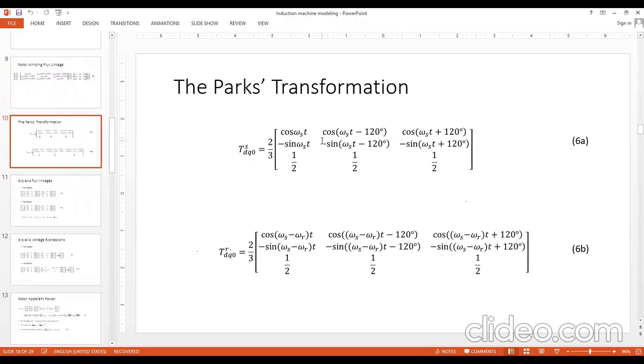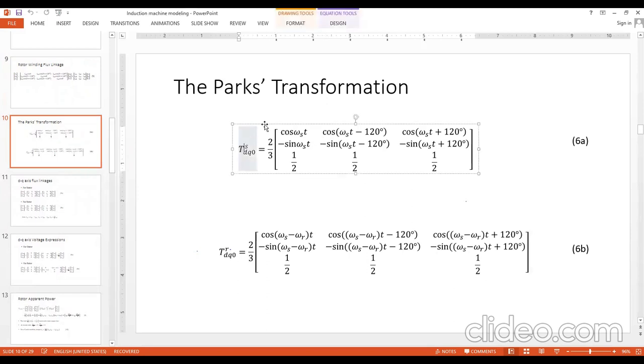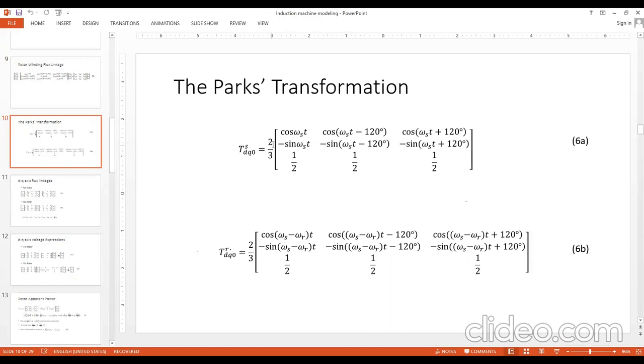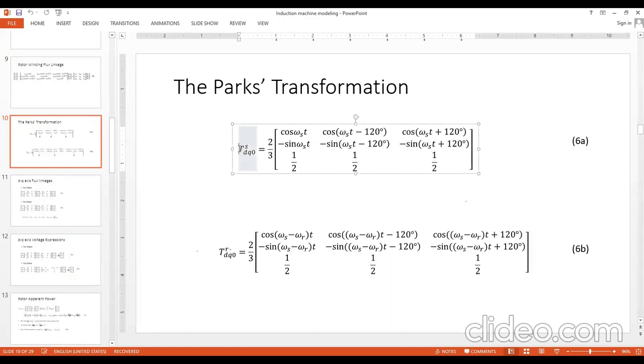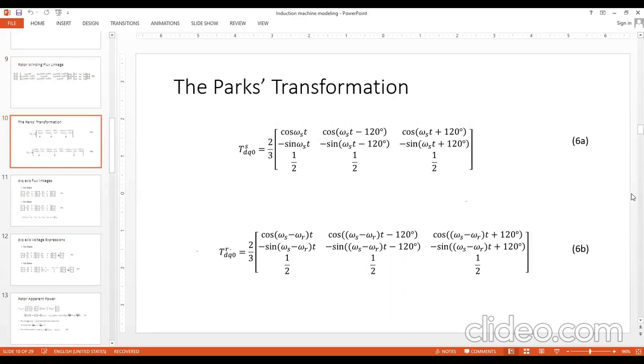Before I introduce the differences, let me first focus on the similarity. In the first matrix, in equation 6a, we can see the Park's transformation being mentioned here as T dq0 S. We were already familiar with T dq0. So what is that S specifically?